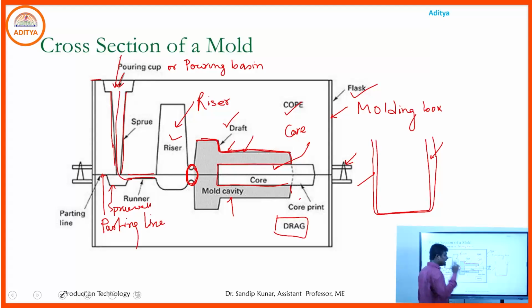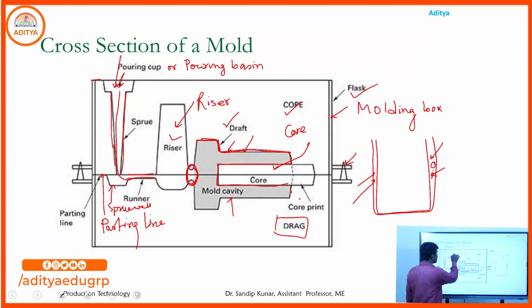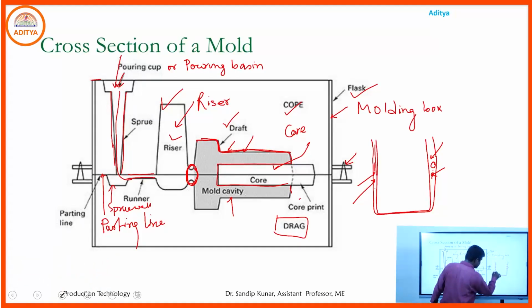For filling up the extra voids, the extra material comes from the riser and fills up that void. Then again it will solidify and the particular shape will be produced as per the cavity shape.